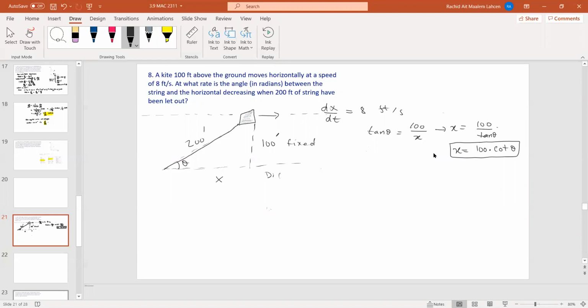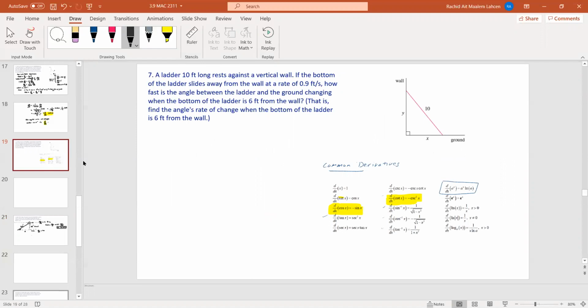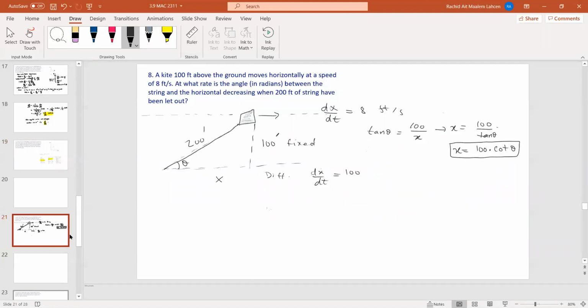So the next step is going to be to differentiate, and you get dx dt. The multiple is 100. Now the cotangent, that's why I posted this one, is negative cosecant squared theta, d theta dt. And the question is about the change of theta with respect to time.